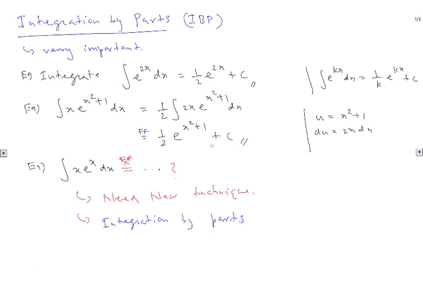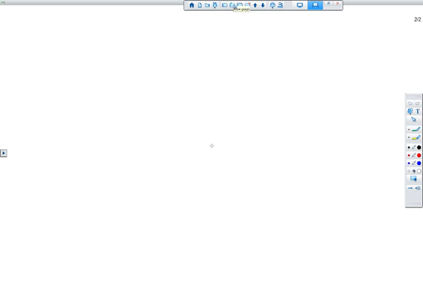Let's look at the product rule and try to derive the IBP formula, the integration by parts formula. Let's say you have two differentiable functions, and we consider the product of them.